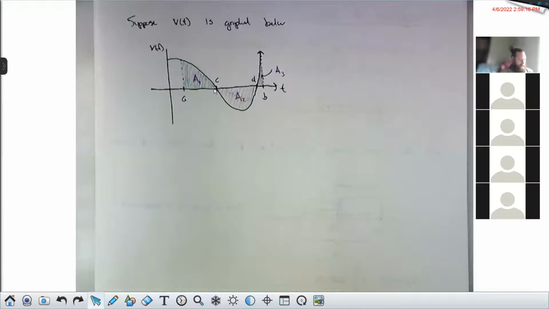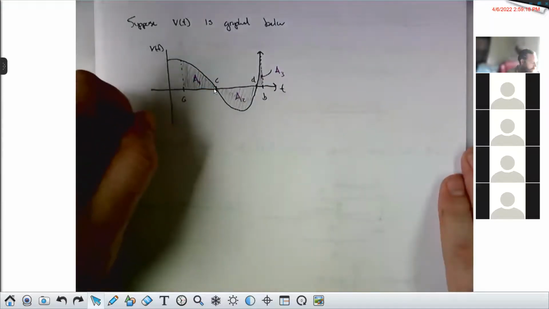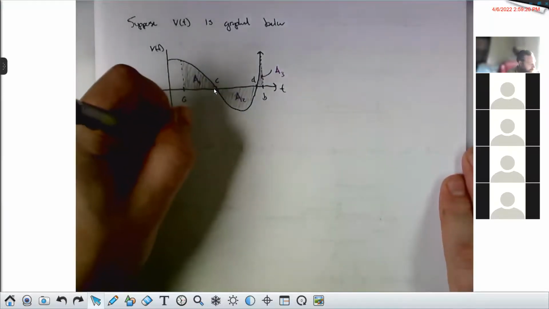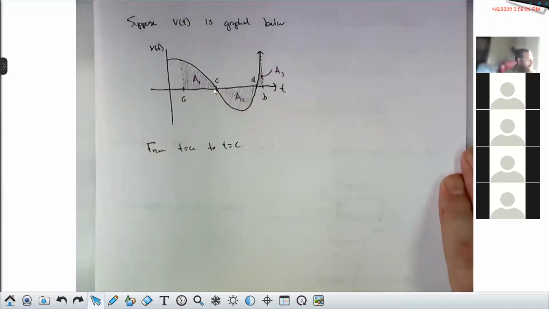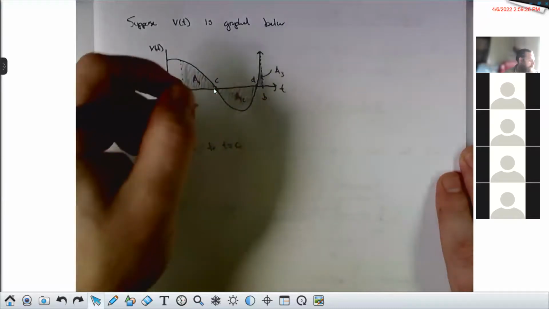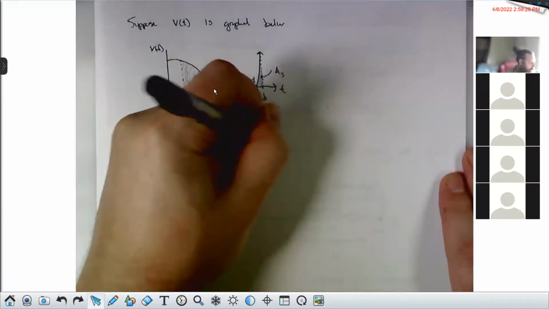From A to C, the object is moving in the forward direction.